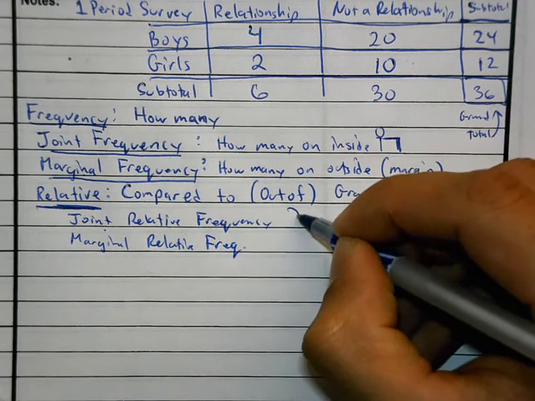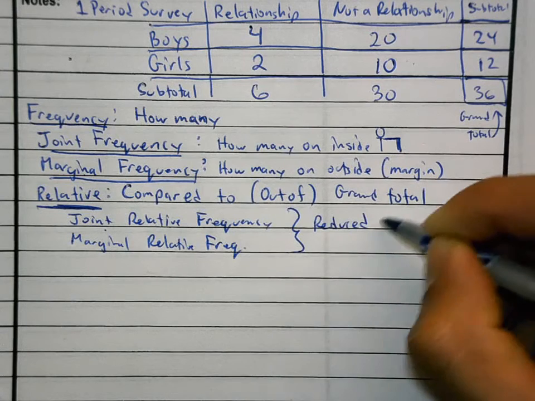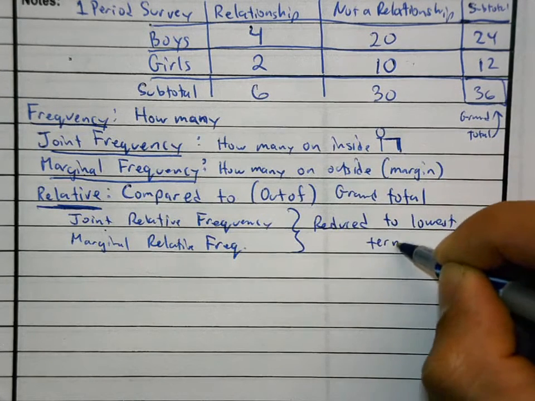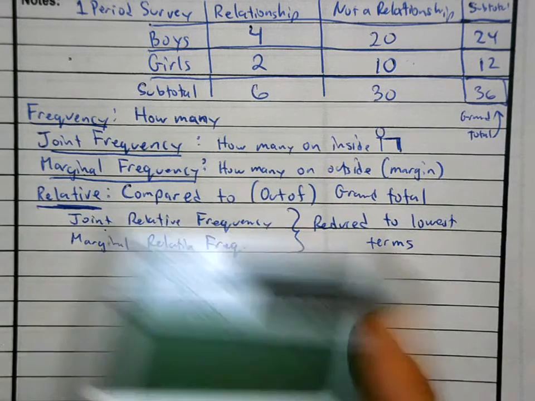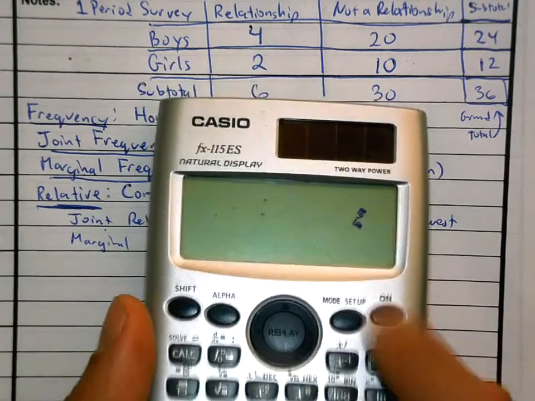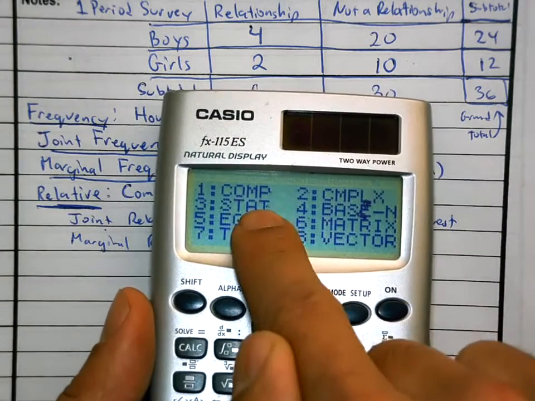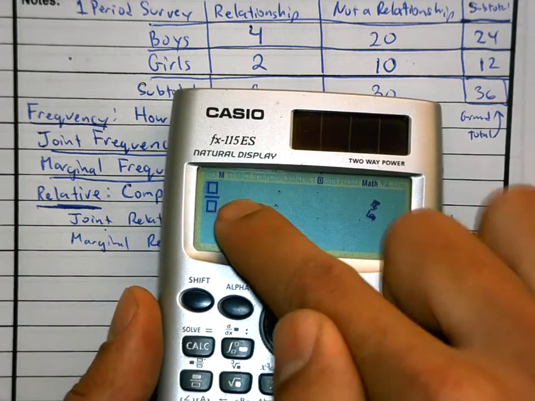I'm going to put down here, reduced to lowest terms. And I don't know if I've shown you this yet, but since we're using calculators all the time in this class, our calculators know how to reduce fractions. Just in case I switch out of stat mode, I go back to computation mode, and I press the fraction button.